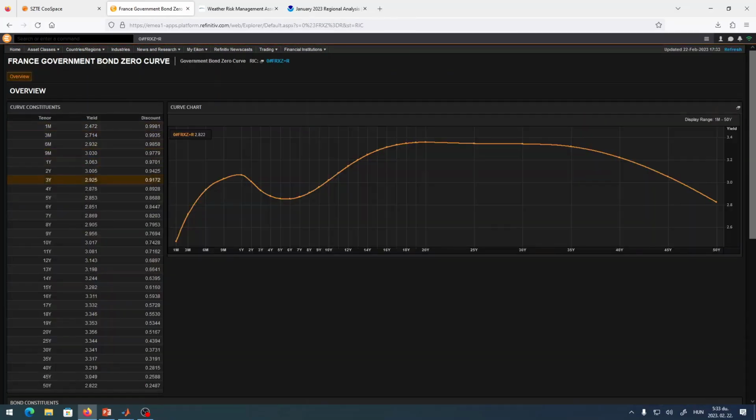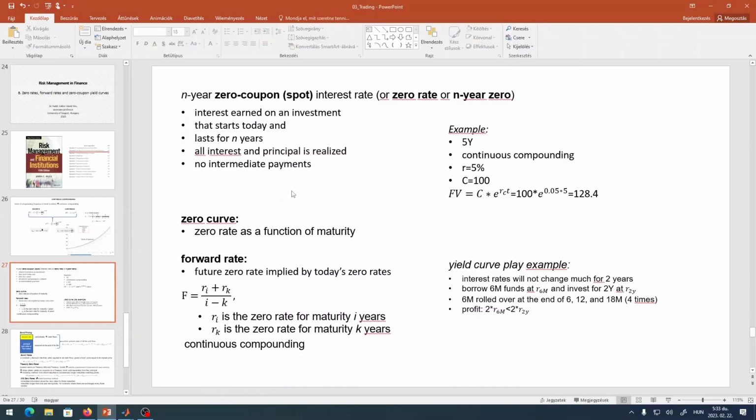So we are always using this, we just never define it. The entire Madura book lived without defining that all the interest rates are zero rates.